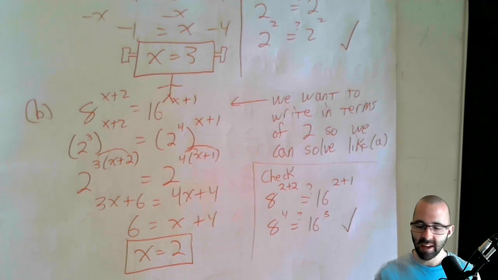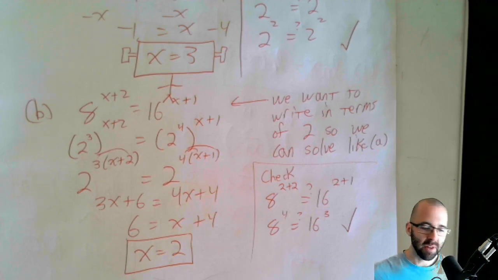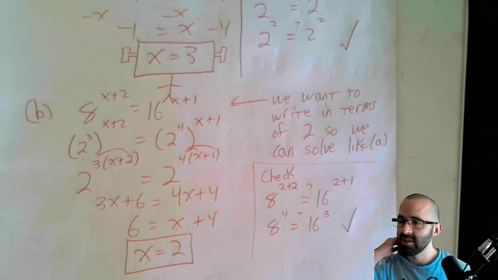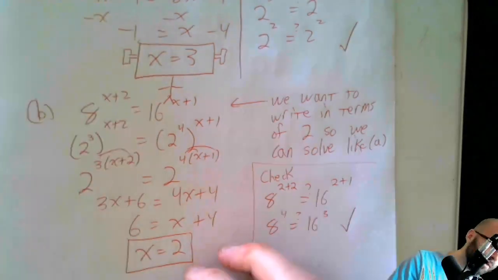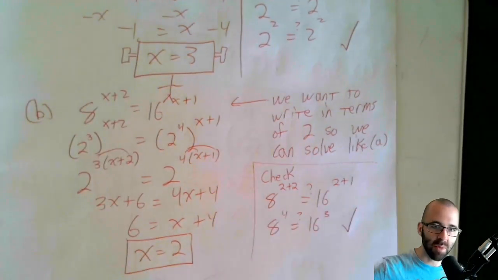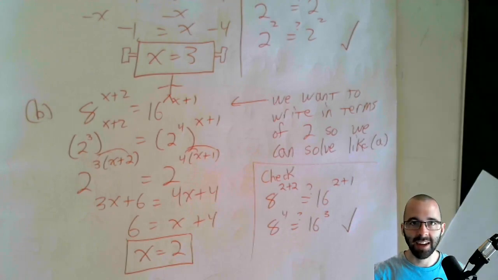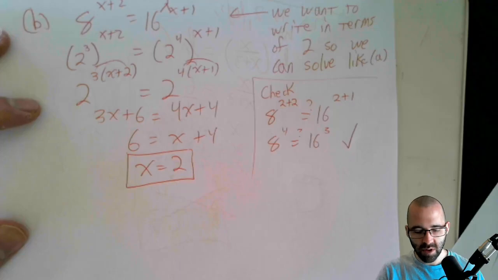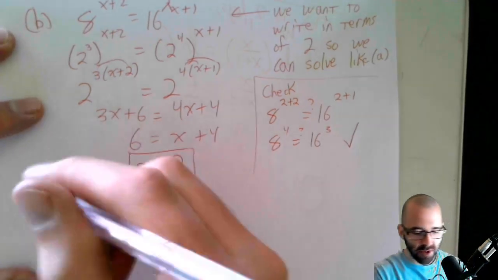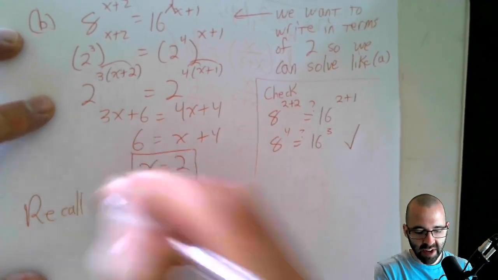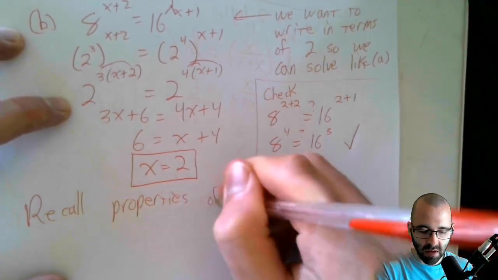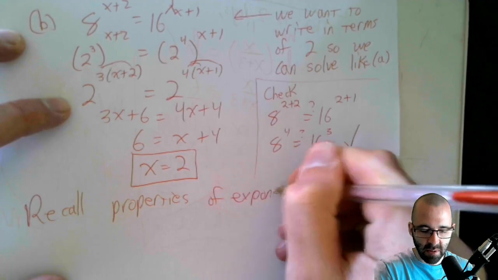Okay, but before we do these last 2 problems, I really want to remind you of some properties of exponents. These are very important properties of exponents. If you forgot these properties, that's no problem. People forget math every day. Literally. We'll do some quick review. So, recall properties of exponents, because they're going to be really important.